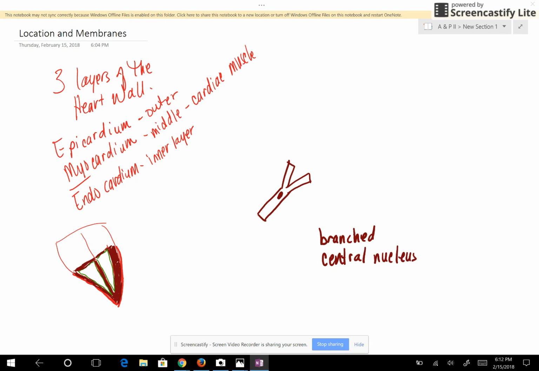Okay, the reason that the cells are branched is so that they're able to tell other cells information. So this one cell is able to tell two cells. And of course, the information that usually is told by a muscle cell is it's time to contract. So you can see how important this would be if you know that your cardiac muscle cells all contract at the same time.